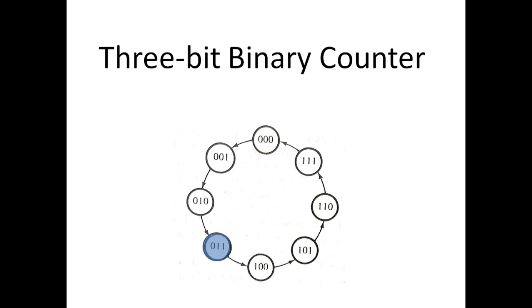And from 0, 1, 1, it moves to 1, 0, 0, which is 4. And from 1, 0, 0, it moves to 1, 0, 1, which is 5. And from 1, 0, 1, it moves to 1, 1, 0. And from 1, 1, 0, it moves to 1, 1, 1, which is 7.